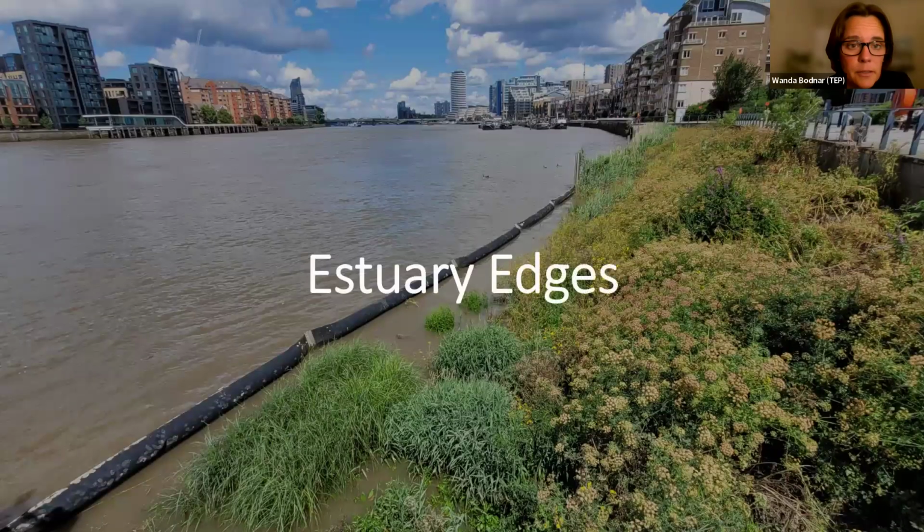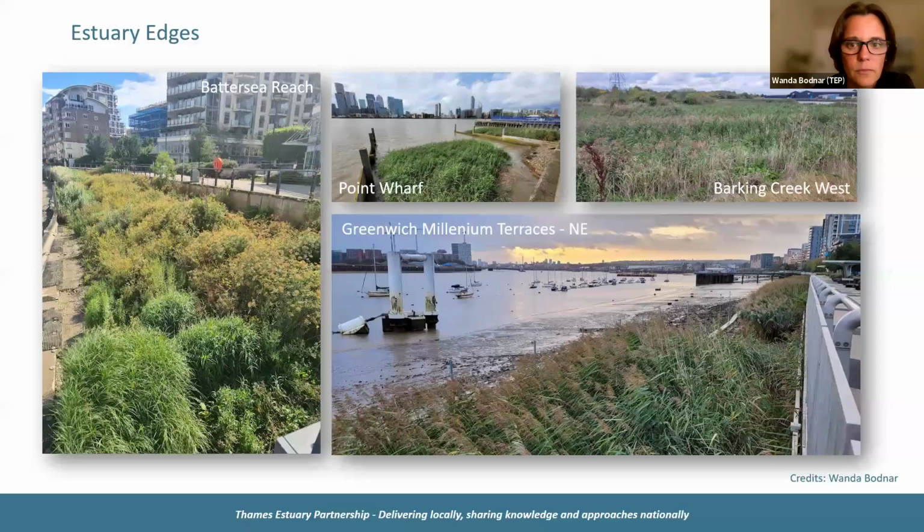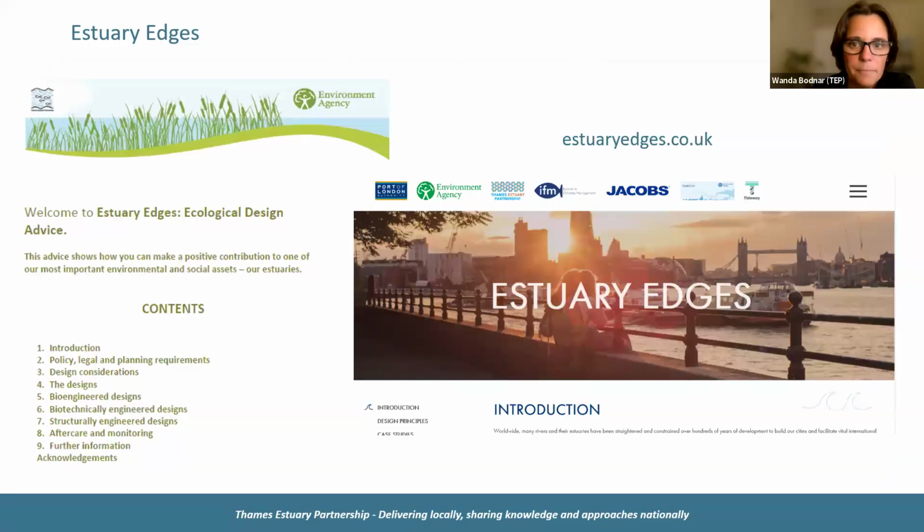And this takes me to Estuary Edges. So in response to the ongoing loss of habitats, contemporary riverside developments along the Thames are set back from the estuary's edge, facilitating the creation of intertidal habitats to enhance the environment for fish and for other wildlife as well.